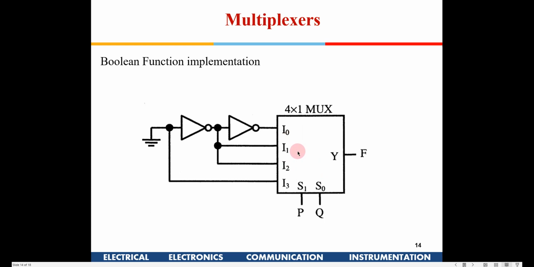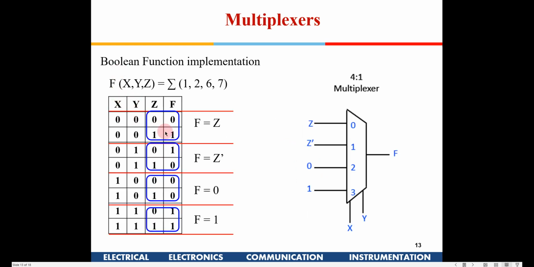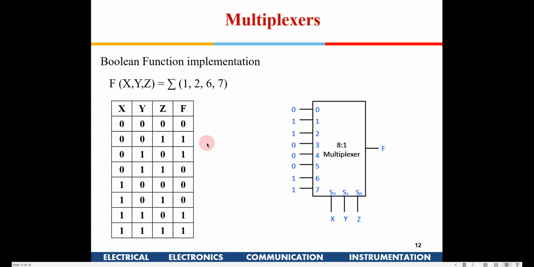So the technique is nothing like that. If you are having 3 variables, you can use an 8 into 1 mux, and then accordingly give digital input out here, either VDD or 0. Or you just express in terms of logical input 0 and 1 here, right?